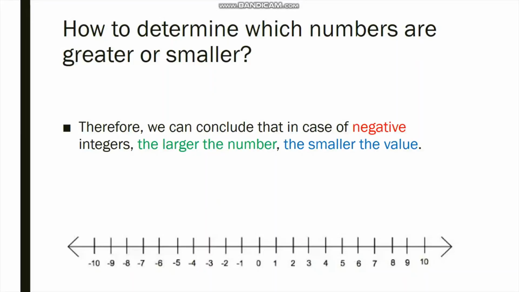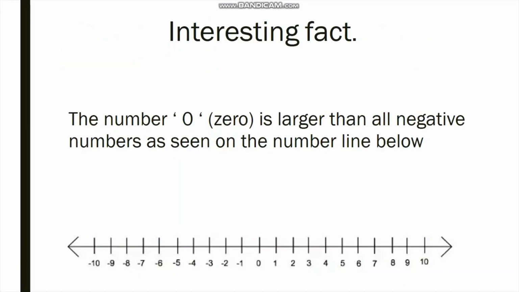Therefore, we can conclude that in case of negative integers, the larger the number, the smaller the value. For example, minus 10 is smaller than minus 9, which is smaller than minus 8. Minus 5 is smaller than minus 4. Minus 6 is also smaller than minus 4. An interesting fact is that 0 is larger than all the negative numbers because they are all on the left side of 0.